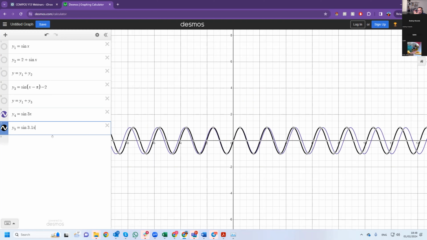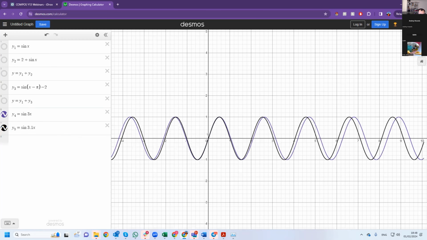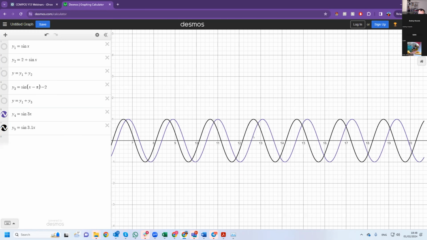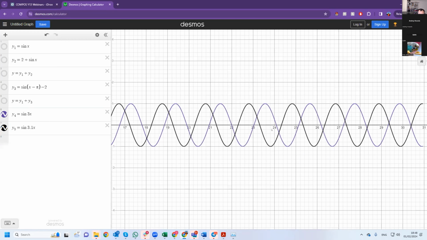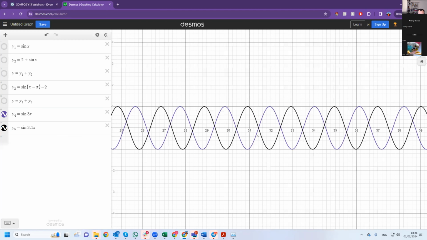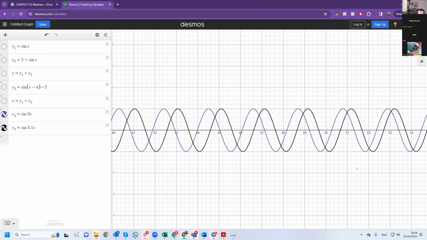So slightly different frequencies. You can see that the two waves are almost identical at the beginning, but as time goes on, they go into antiphase. Here they're perfectly in antiphase, and as time goes on, they come back to phase.